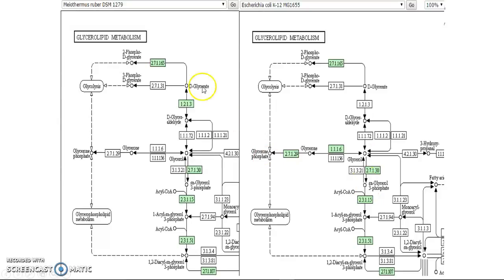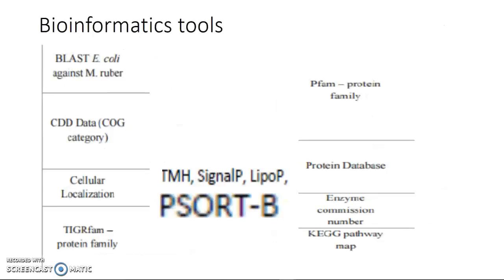And so our three genes, as we see, 2.7.1.65, 2.7.1.107, and 2.7.1.30, are all present in both organisms, and that's how we determined that we could use both of these as potential research for paralogs.